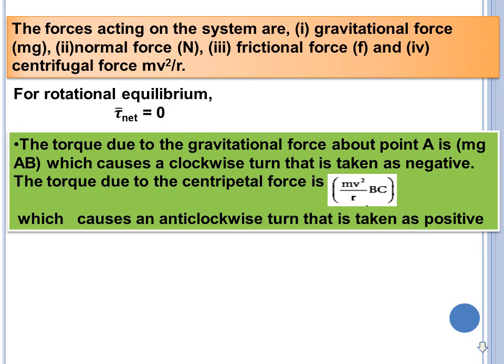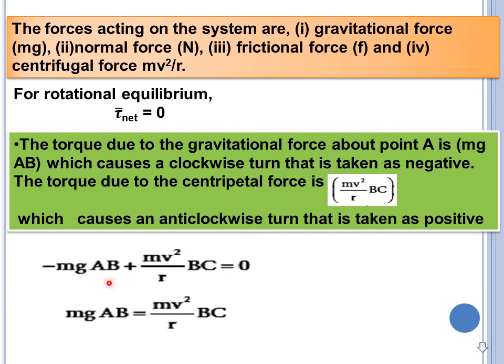The torque due to the gravitational force about a point A is mg AB, which causes a clockwise turn that is taken as negative. The torque due to the centrifugal force is mv square by r into BC, which causes an anti-clockwise turn that is taken as positive.